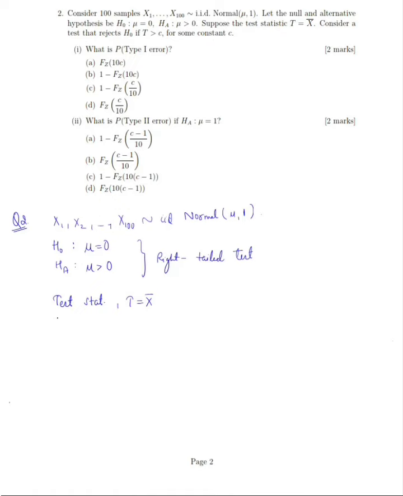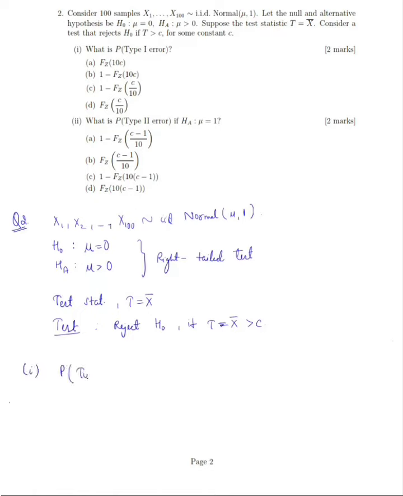And what is the test? The test is that we reject H naught if t, which is nothing but x bar, is greater than c. What is the probability of type 1 error? This is our first question.